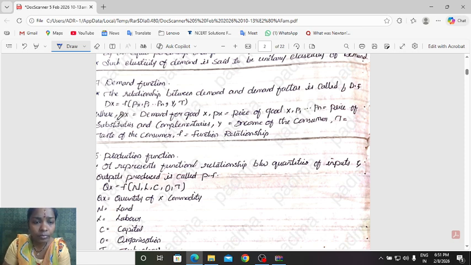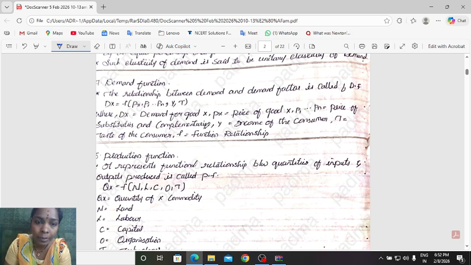Here, what do substitute and complementary mean? Substitute means, for tea, the substitute is coffee. For example, one particular faculty is not available in the college. What will they do? They will arrange another faculty in place of this faculty. That is called a substitute. Instead of this, some other thing is available. That is called substitute goods.